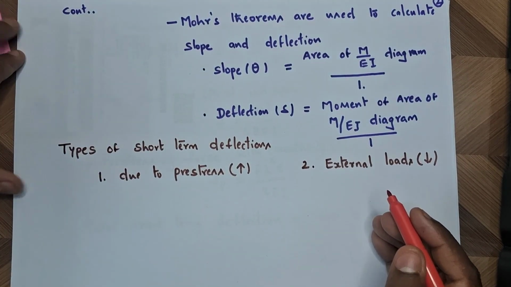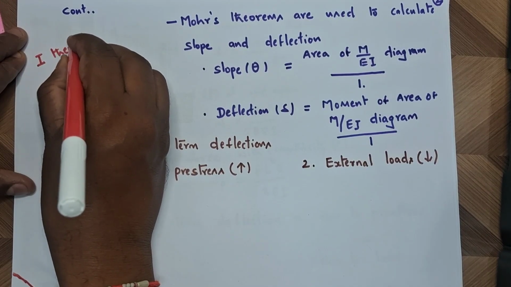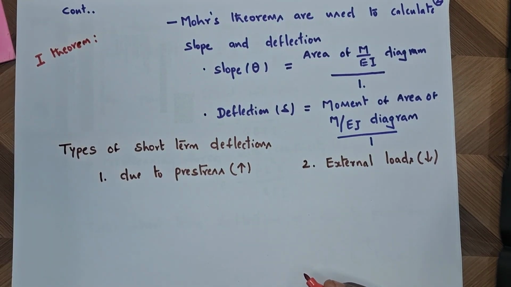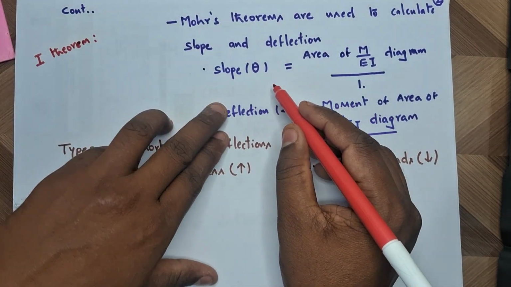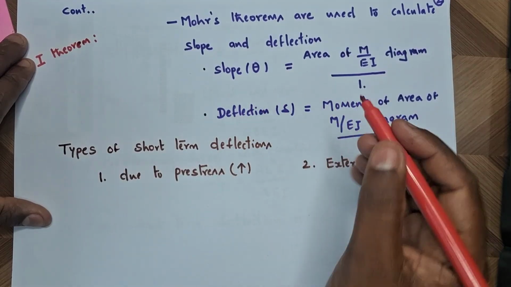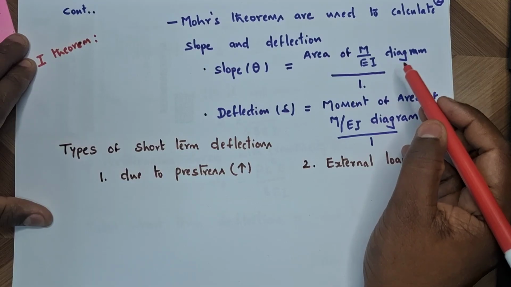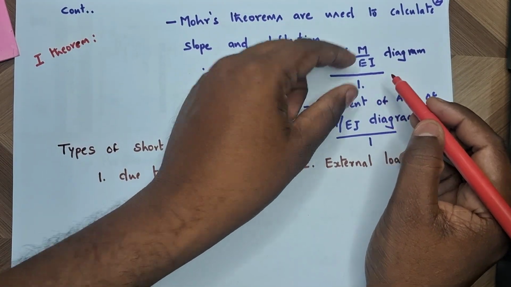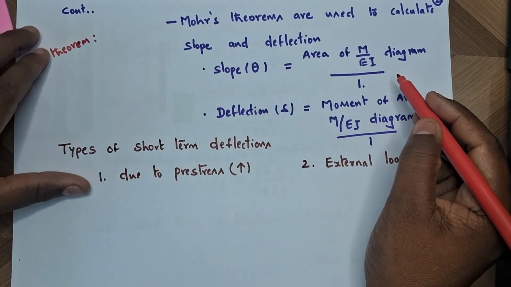From Mohr's first theorem, the change in slope between 2 points is equal to the area of the M by I diagram between those 2 points per unit width, or unit span.